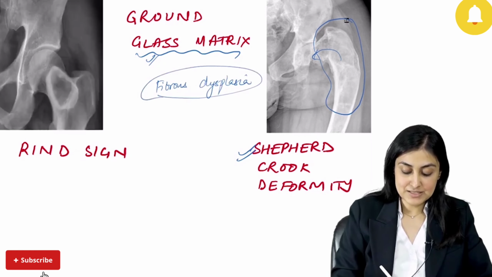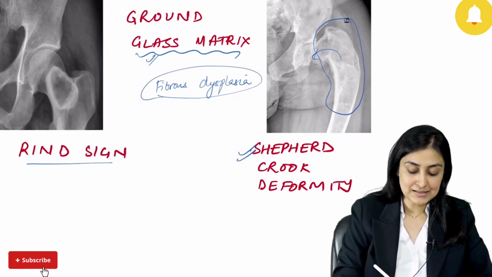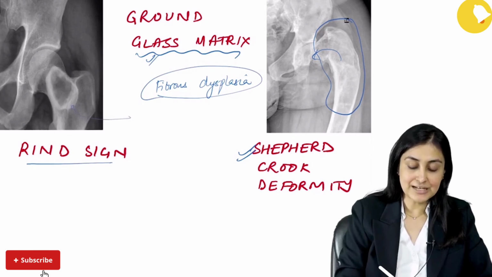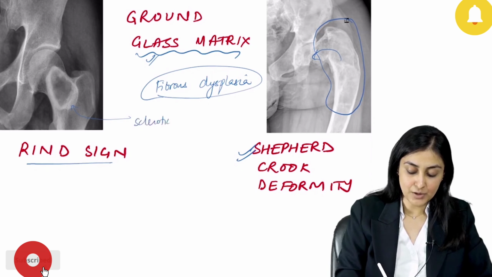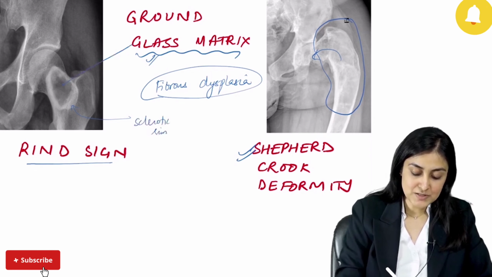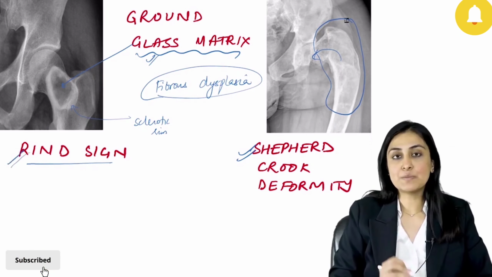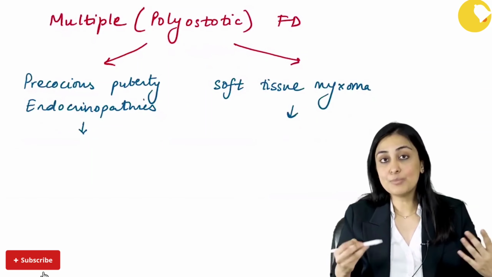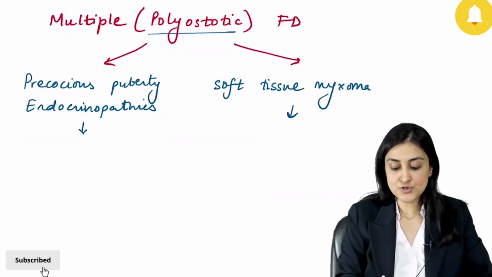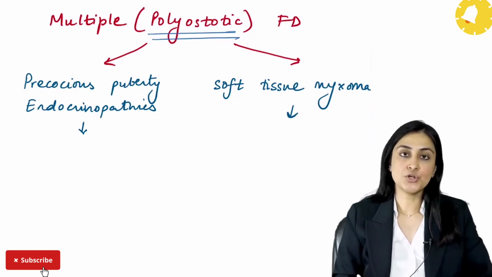One more sign we will see here is called the Rind sign. This Rind sign describes this sclerotic rim. Do you see this lesion again in the femoral neck which has this sclerotic rim around it? So a central ground glass matrix and a rim around it, the Rind sign, are all features of fibrous dysplasia. Now again, fibrous dysplasia can involve multiple bones. So polyostotic FD is associated with two important syndromes that I want you to know.